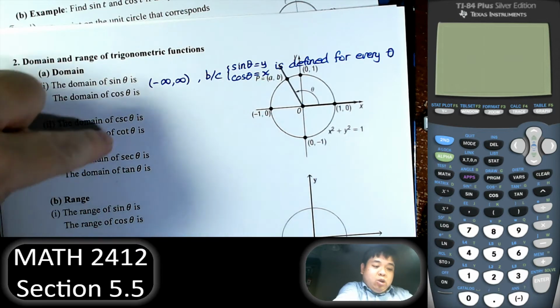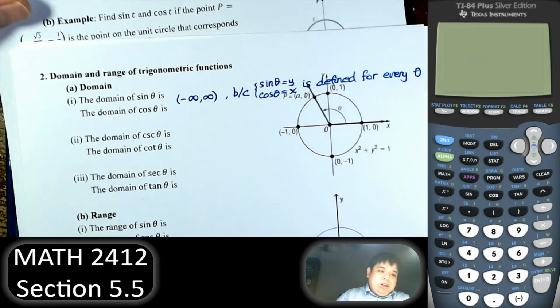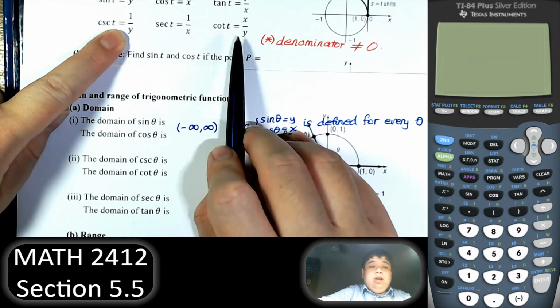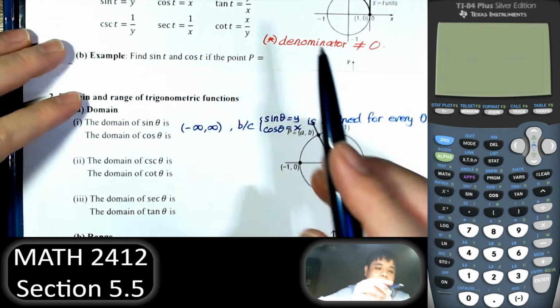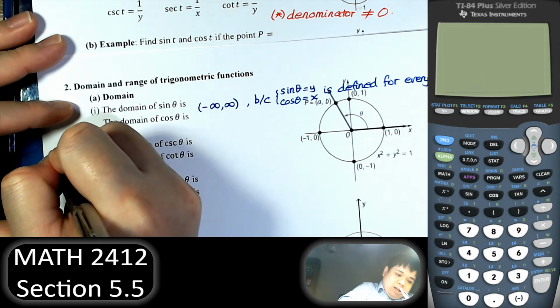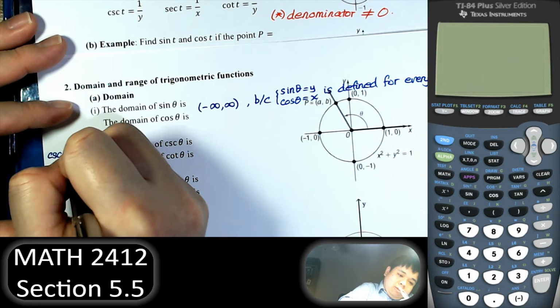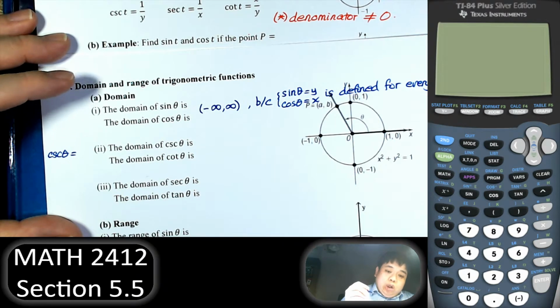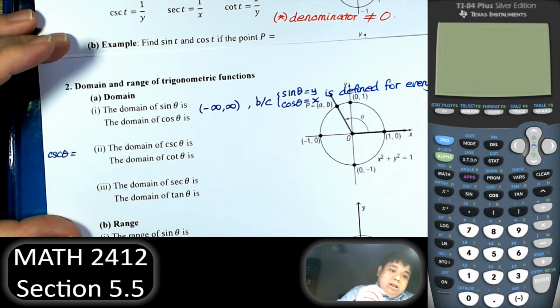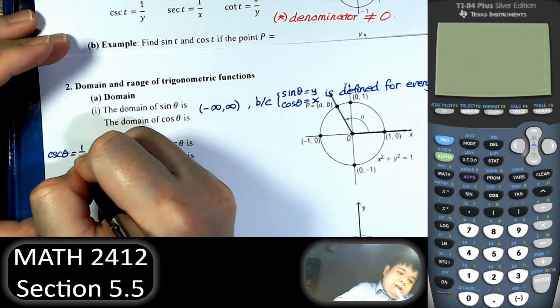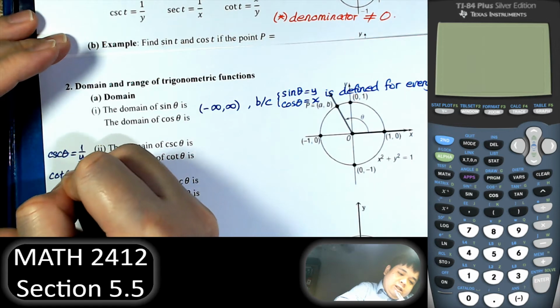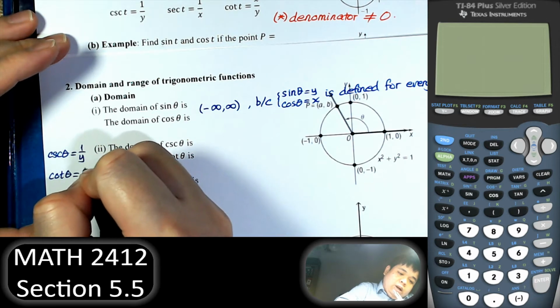Right. Next we have cosecant and cotangent. What is cosecant and cotangent? What do they have in common? Divide by y, right? So let's write out cosecant. If it is on the unit circle, cosecant is 1 over y, and cotangent is x over y.